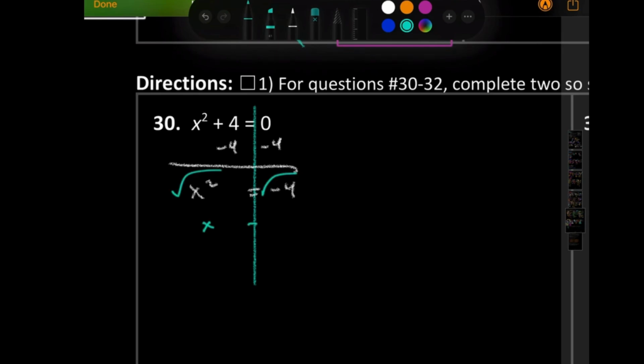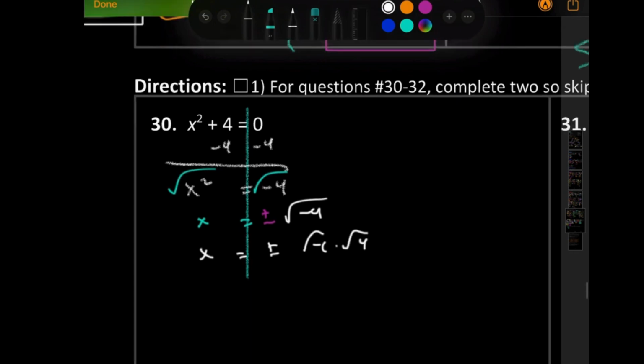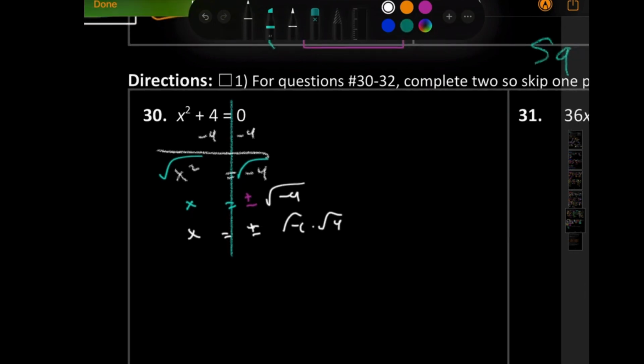This is going to be x equals, remember you have to have plus or minus when you do the square root of an equation, and then this will be negative 4. So that is negative 1 times 4. x equals plus or minus, square root of negative 1 is i, square root of 4 is 2. So this is the answer.